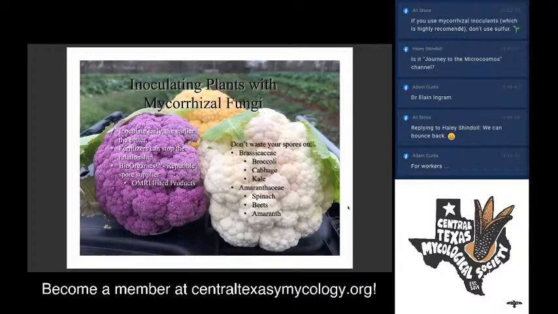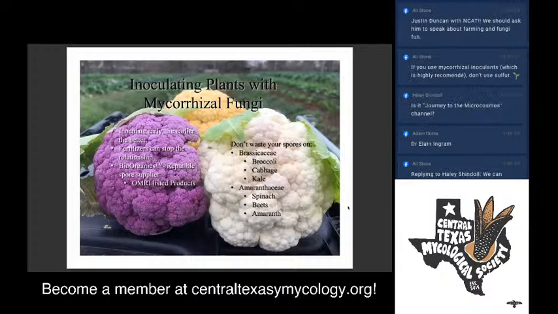So basically, you grow a cover crop in your off season, and that helps keep the soil covered from erosion and whatnot.